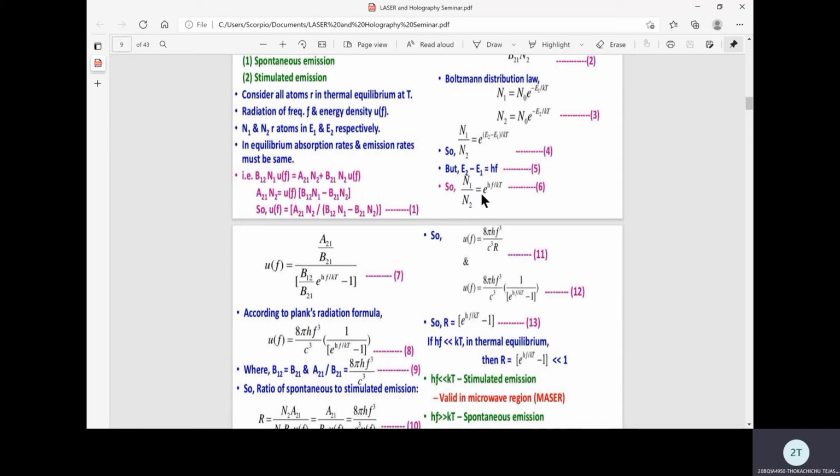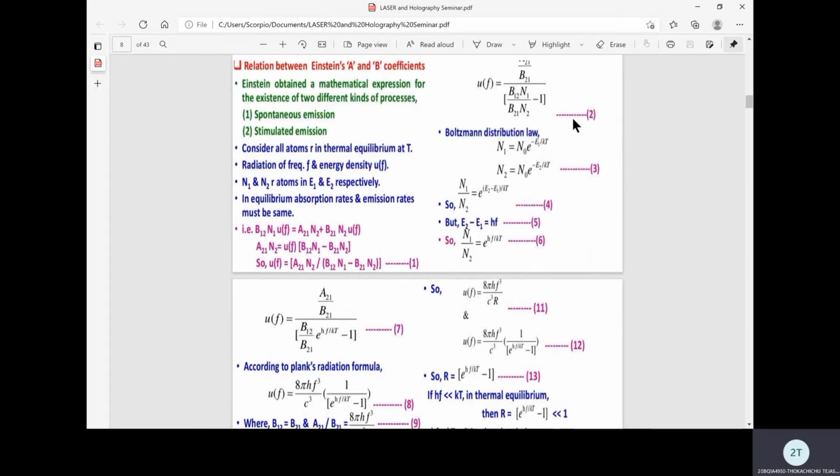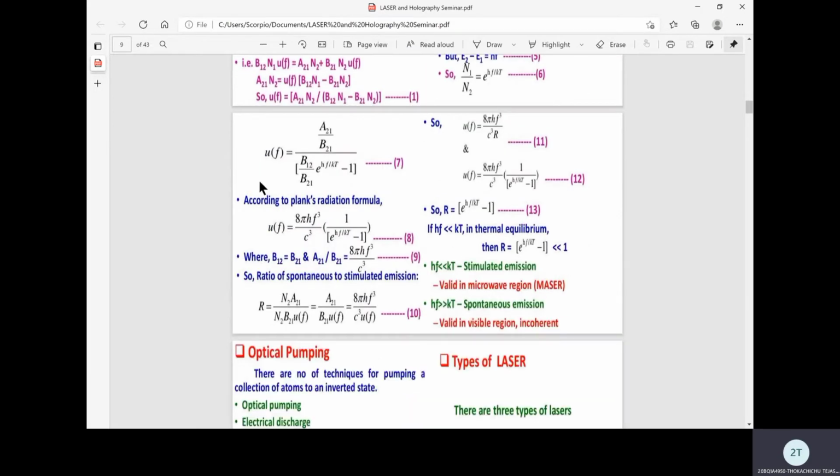So N1 by N2 can be generalized as e power h mu by kT. Substituting this N1 by N2 value in equation 2, we get U equals A21 by B21, whole by B12 by B21 into e power h mu by kT minus 1.